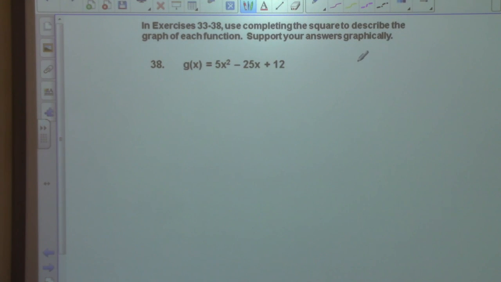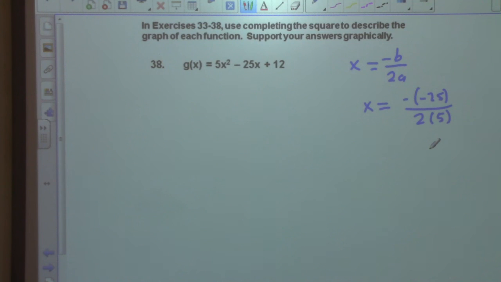Do you remember we had the axis of symmetry formula, x equals negative b over 2a? Do you remember that? If we use this formula for the axis of symmetry, what are we going to get? X is equal to negative 25 all over 2a.